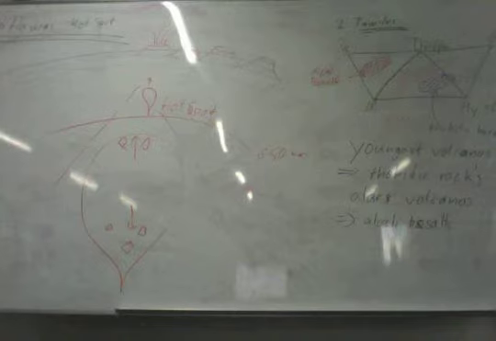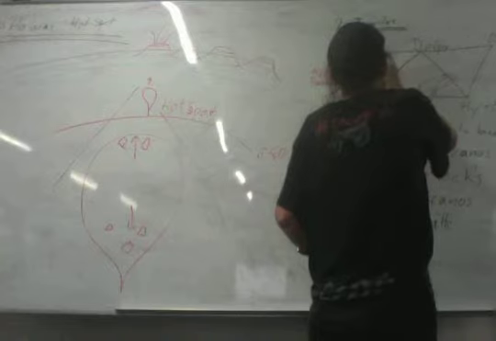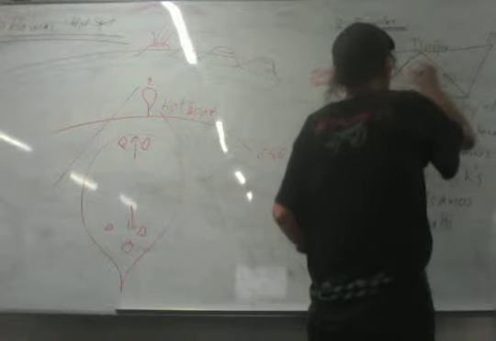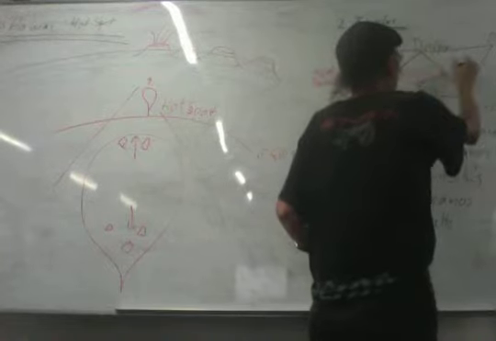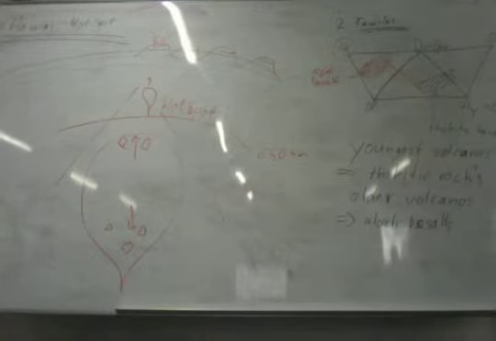Then you are removing as next the more silica enriched one, and then you are following this trend. You are going from here to there, from there to there, and from there to there. That is the chemical trend.